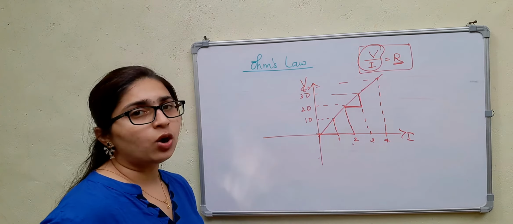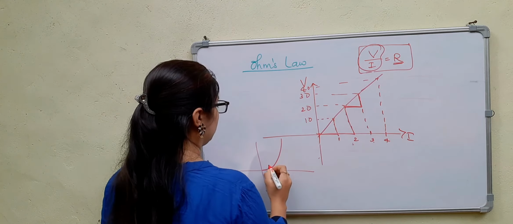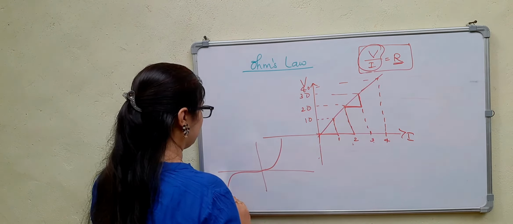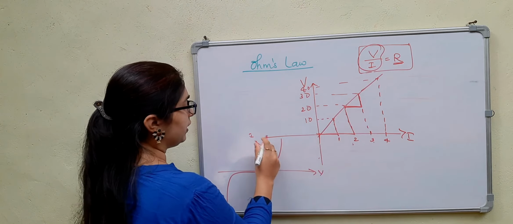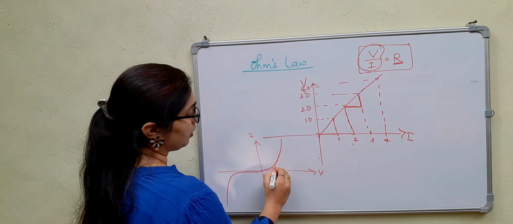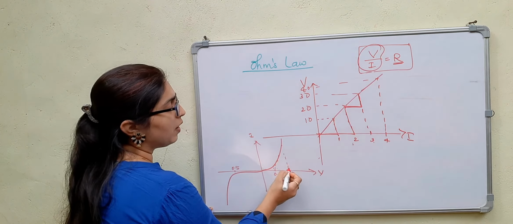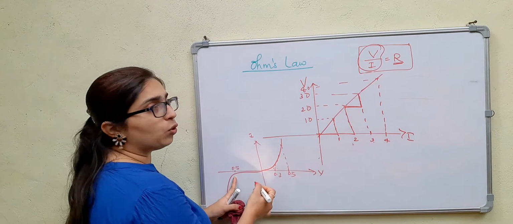But if I consider a non-linear element like a diode, I am keeping the magnitude of voltage constant. Let me consider a value 0.5. What is the value of current here and what is the value of current here? They are totally different.